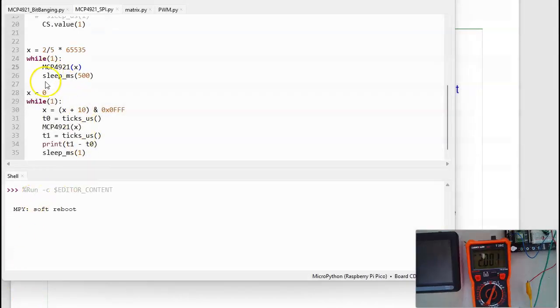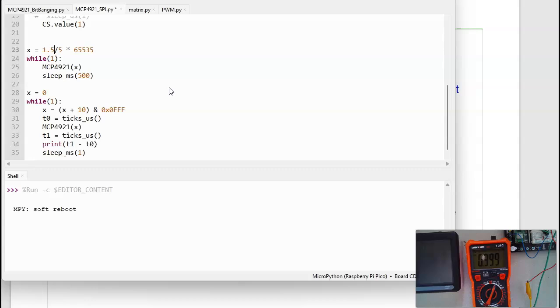So let's illustrate that. Let's output 2/5. I've got my 4921 connected to 5 volts. 2/5 full scale is 2 volts. Try that. And what you get is 2 volts. Okay, let's try 1/5. I get 1 volt.